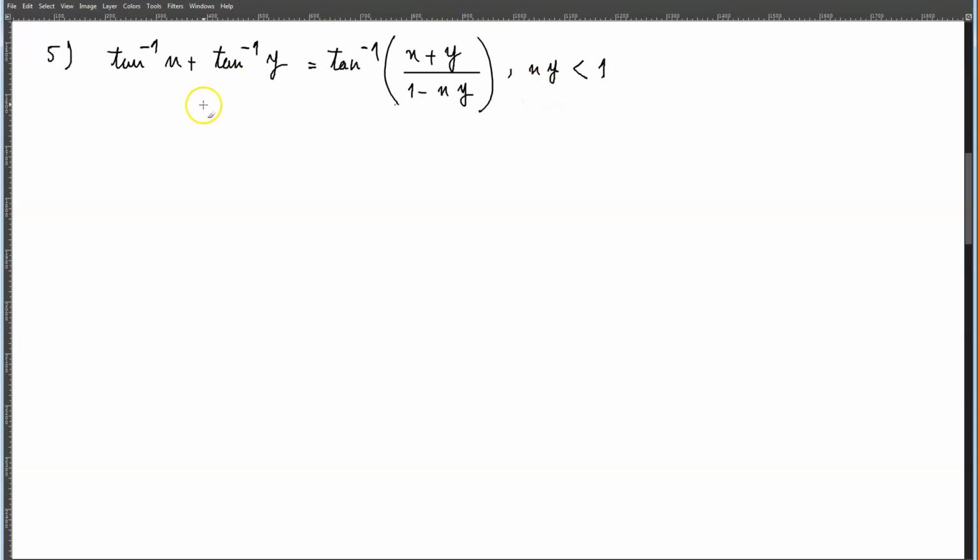And also we have the tan inverse of x minus tan inverse of y.